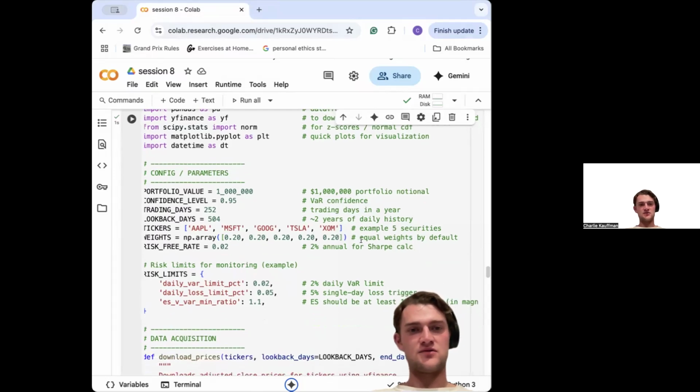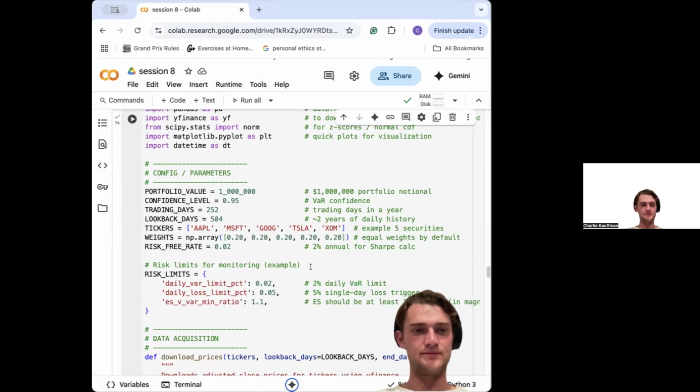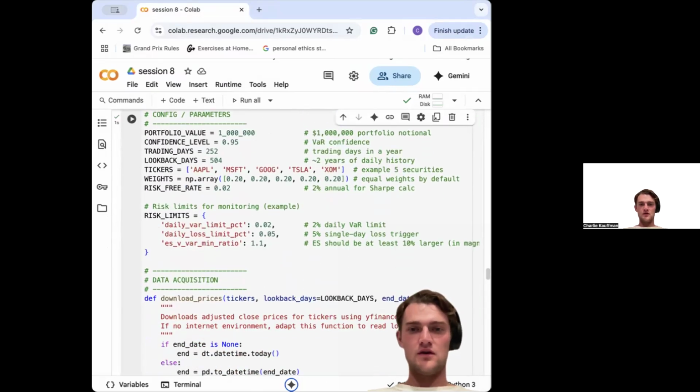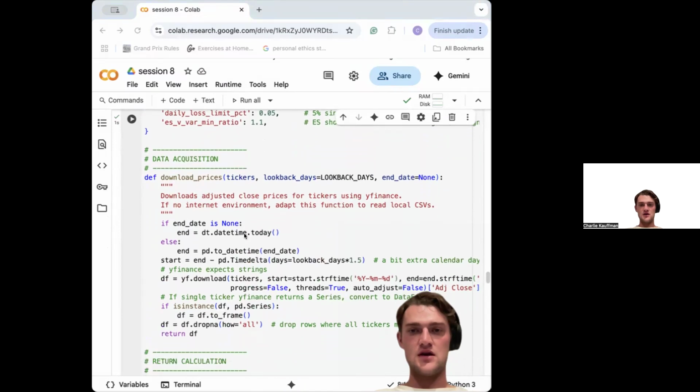And then these are the weights. We're just using equal weights for all of them. And then the annual risk-free rate is 2%. These are all values that will drive the calculations that we're going to use.